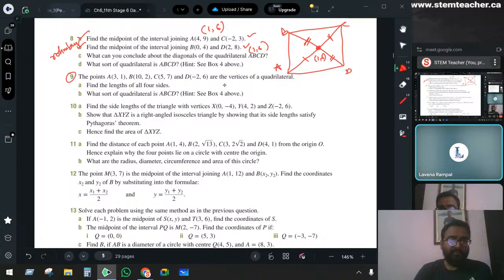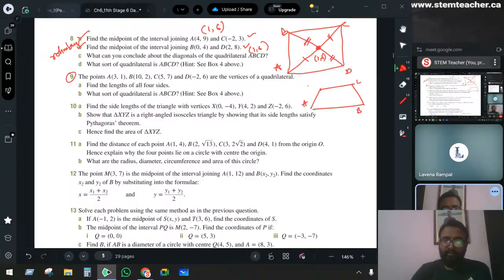Okay. Next, ninth one. ABCD was given. Find the vertices of the quadrilateral and the lengths of all sides. He said some quadrilateral. I don't know whether it is a parallelogram or square, whatever. So I'm taking it as ABCD.